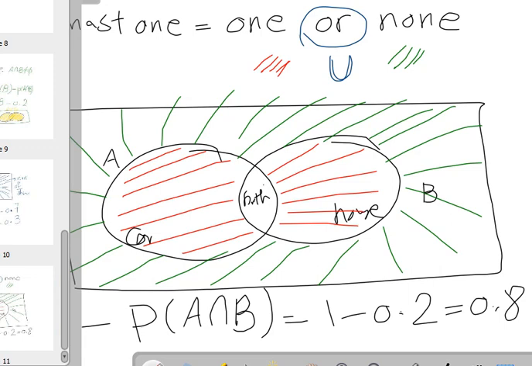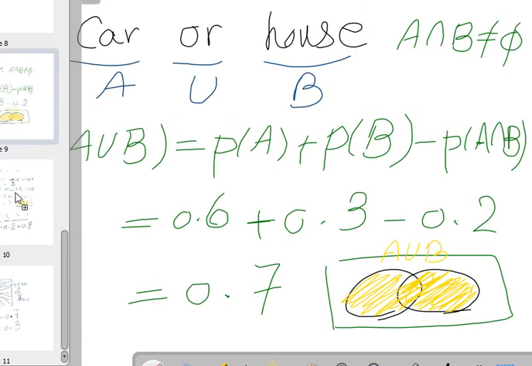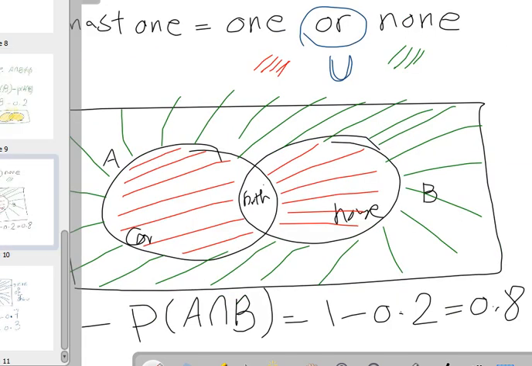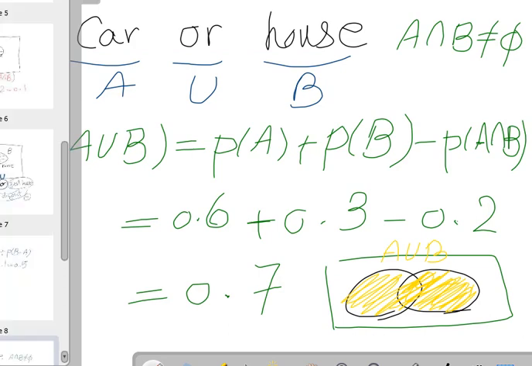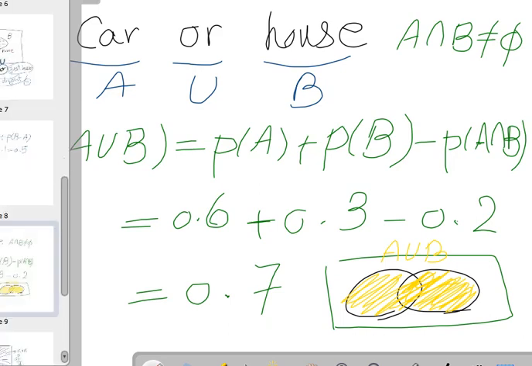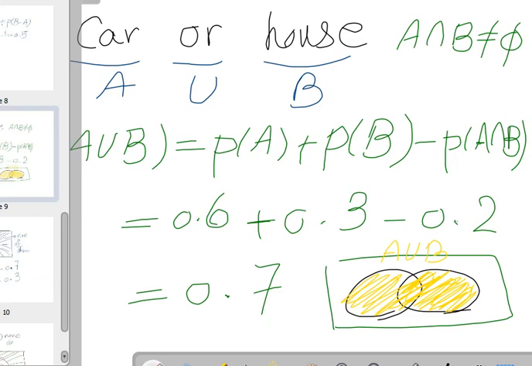For one of them, the result was 0.5, and for none of them, the result is 0.3.